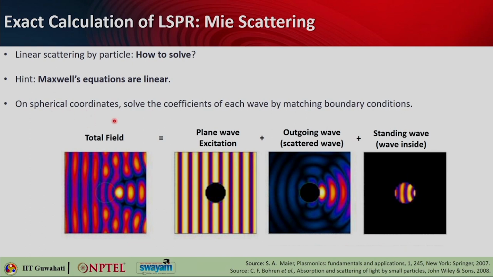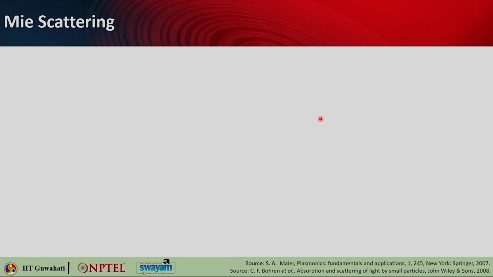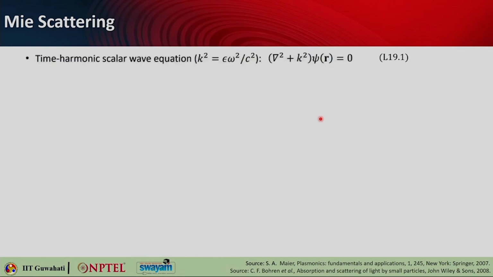In spherical coordinates, he was able to solve for the coefficients of each wave by matching the boundary conditions, and to find the exact scattering and absorption cross sections of these particles. I will not go into the complete mathematical description of Mie theory. It can be found in the second reference you see here, the Bohren-Huffman book, Absorption and Scattering of Light by Small Particles, where you can see the complete derivation of Mie theory.